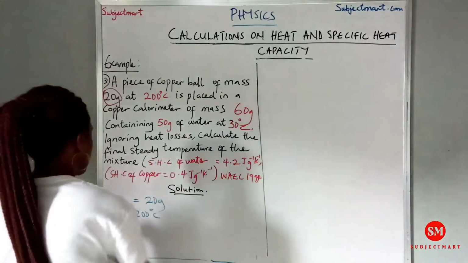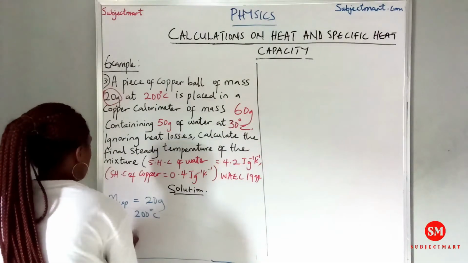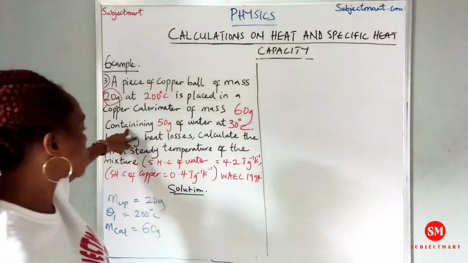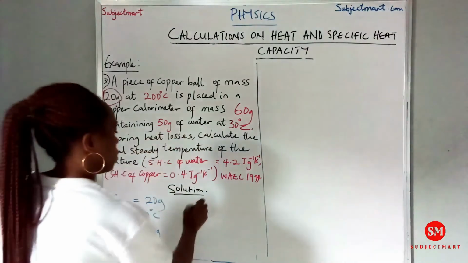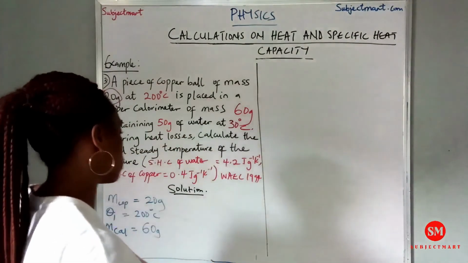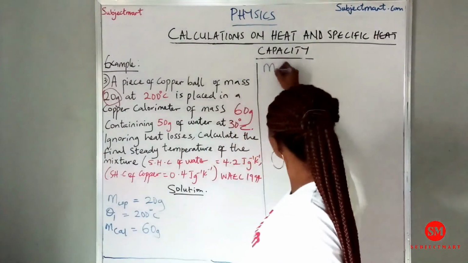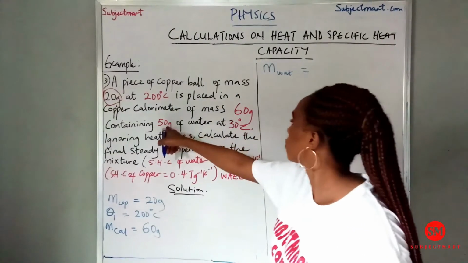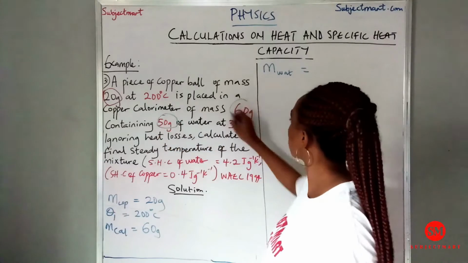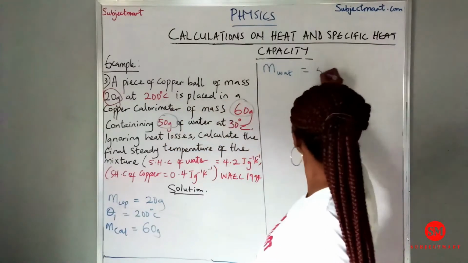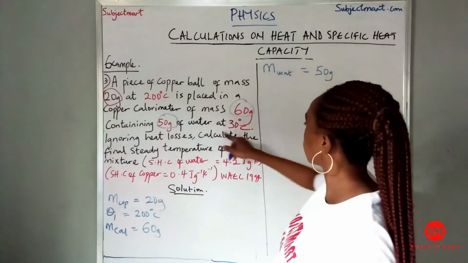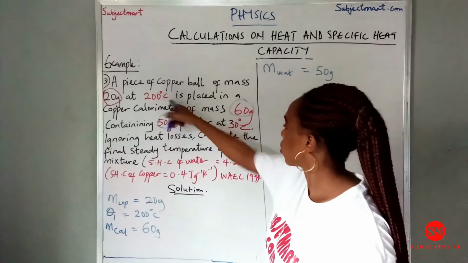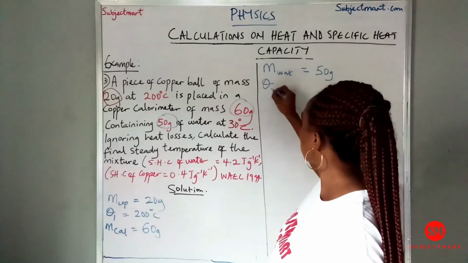containing 50 grams of water. So let me write it here. Mass of water now is 50 grams, at 30 degrees C. That's the second theta.